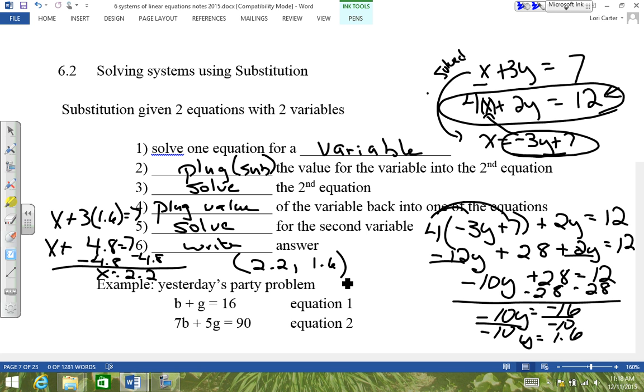You still have y equals. That's not a point. You have not found y yet, so no, you cannot do that. You're getting close to what elimination is. For the first step, when you solve one equation for a variable, does it have to be x? No. It can be whatever you want.